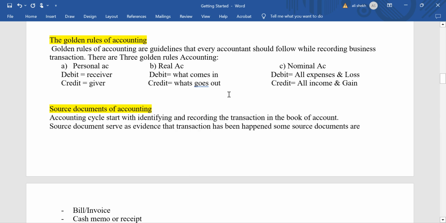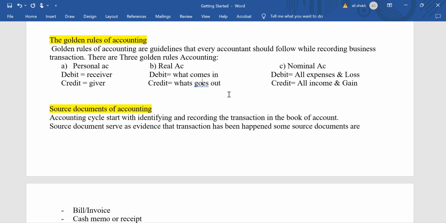Okay, next is source document of accounting. What are the source documents of accounting? Accounting cycle starts with identifying and recording the transaction in the book of account. Source documents serve as evidence that business has happened.